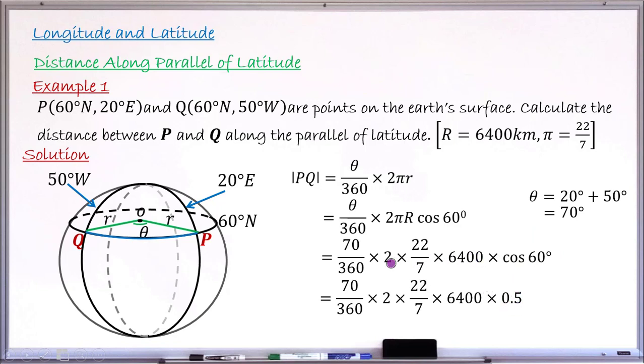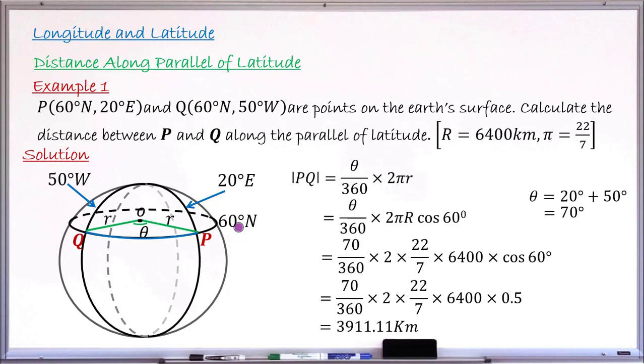Multiplying and dividing correctly, you're going to have 3,911.11 kilometers as the distance between P and Q along this common latitude 60 north.